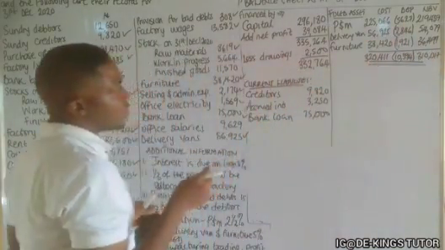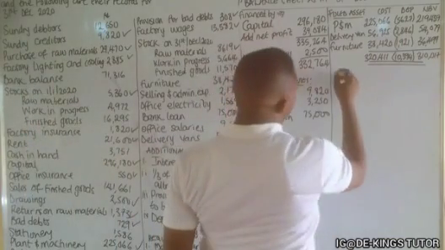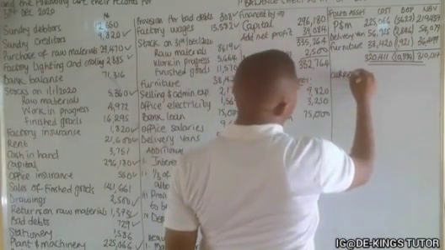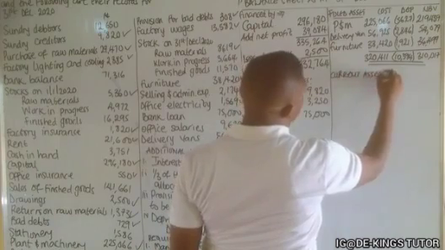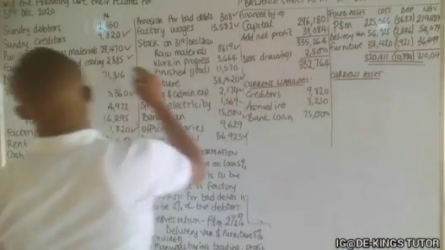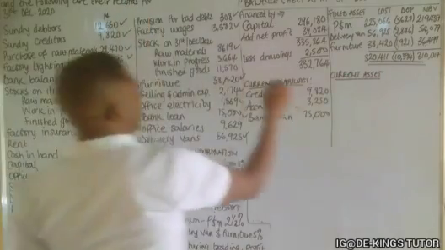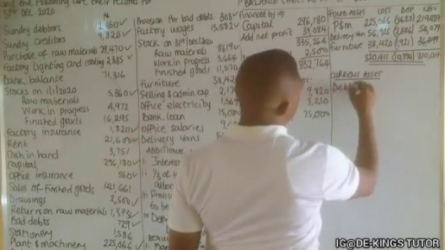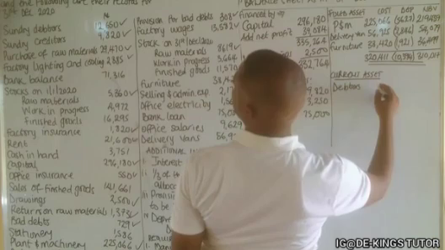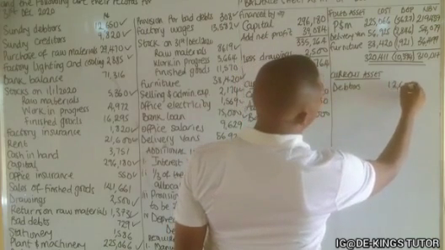Now let's go to current assets. In the current assets, we have to check our debtors. The debtors value is 12,650. Now let's check.